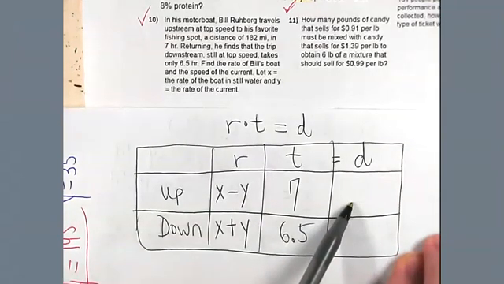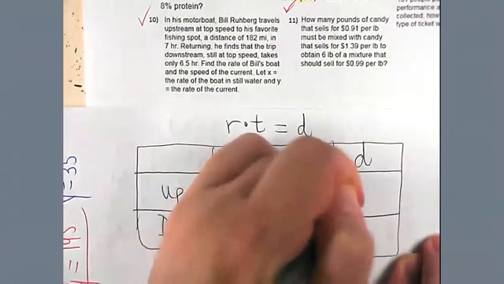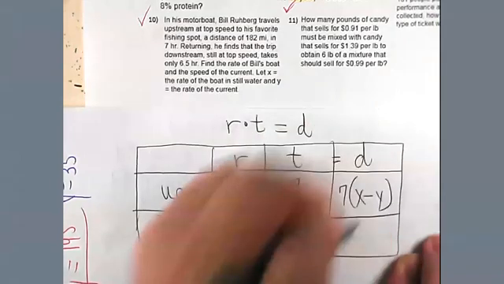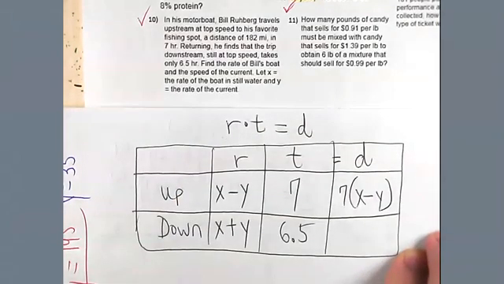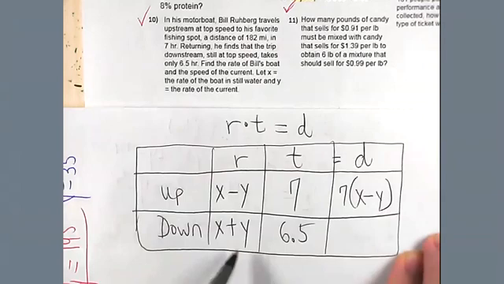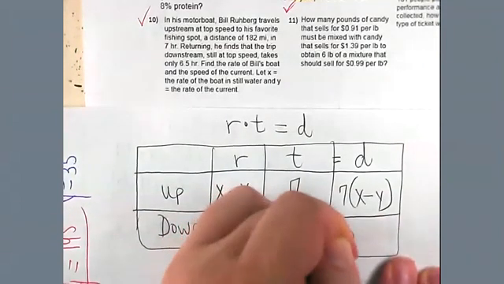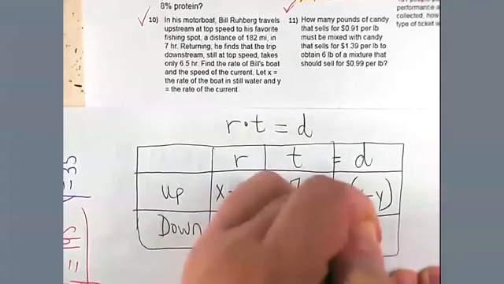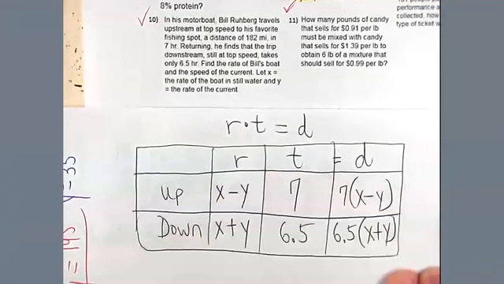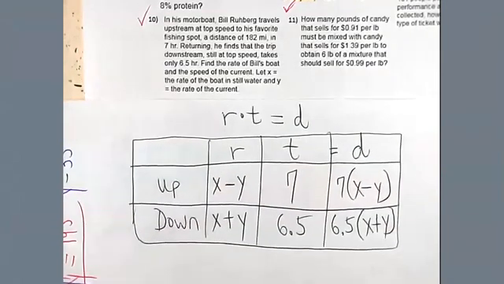So distance for upstream is 7 times x minus y. And the distance going downstream is represented by the expression 6.5 times x plus y. Before we use this information to get our system of equations, any questions, y'all, about the table?